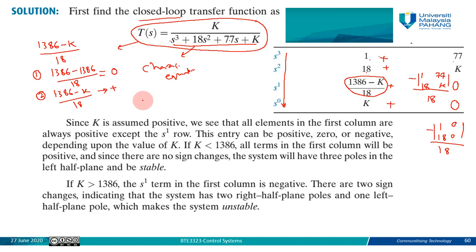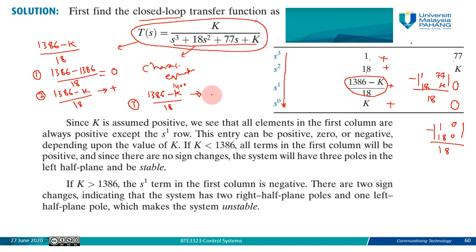The third case is k greater than 1386. That means this value, 1386 minus k over 18, assume k is equal to 1400. For example, the result here will become 1386 minus 1400. It will give you a negative value, negative 14, for example.